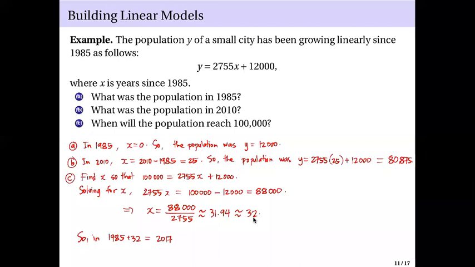So in 2017, the population would be approximately equal to 100,000. Okay? Questions?